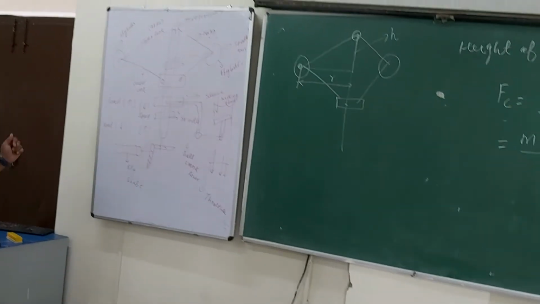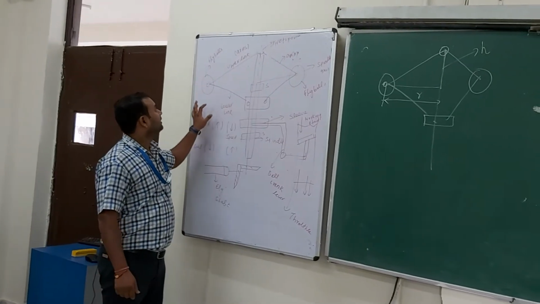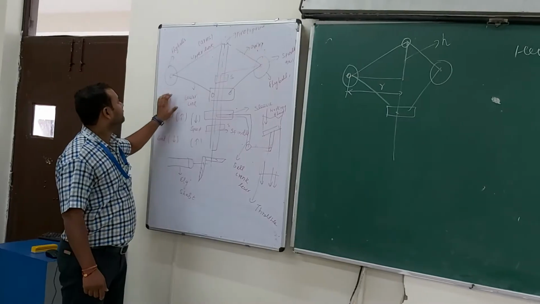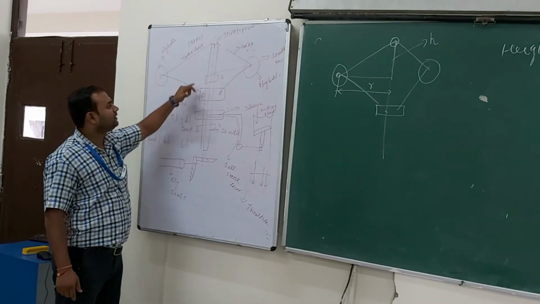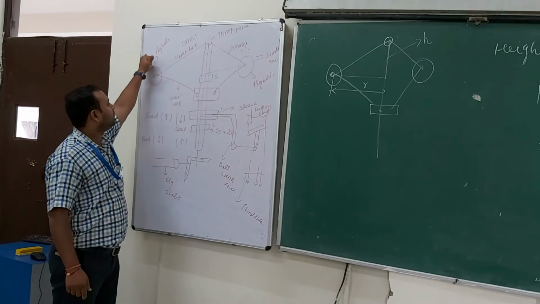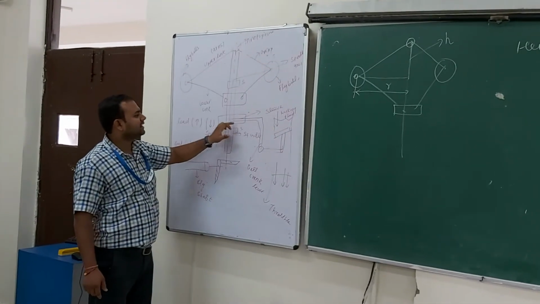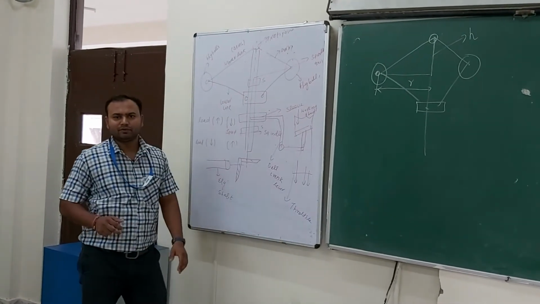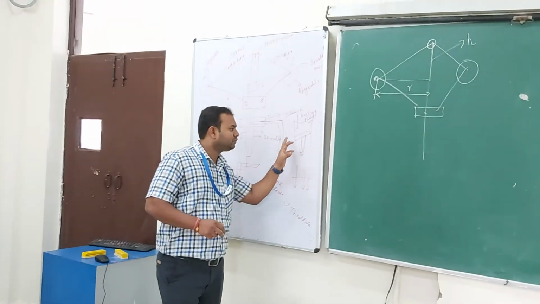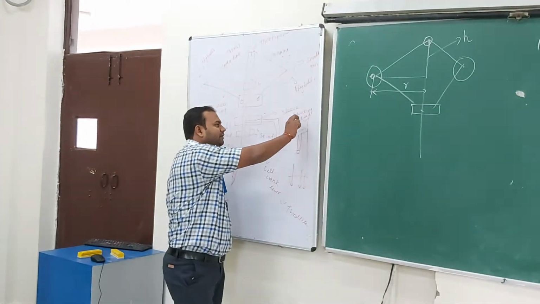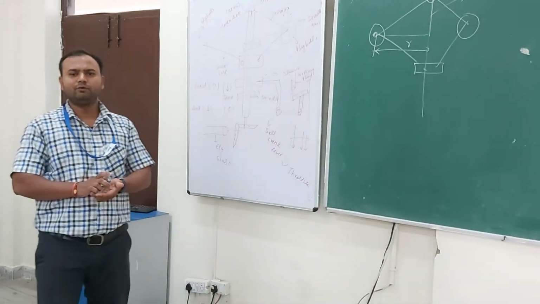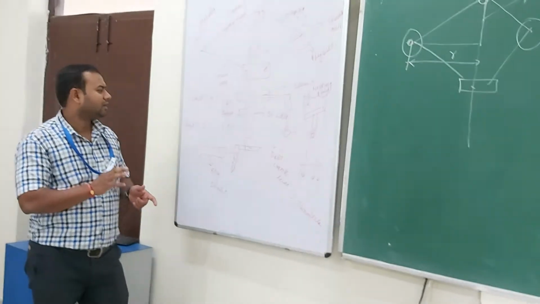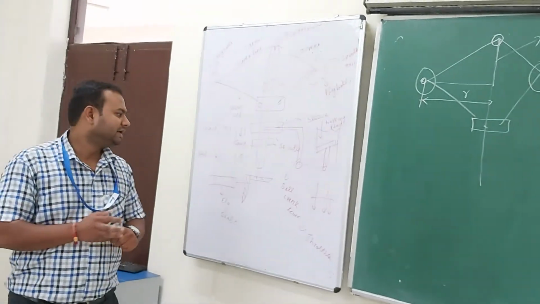In this case, the fly ball moves in the upward direction because of the increasing speed, and the sleeve also moves upward. The sleeve is connected to the bell crank lever, which produces a thrust force on the throttle valve, then cuts off the working fluid supply, and the engine maintains its equilibrium speed, and load and speed are maintained.